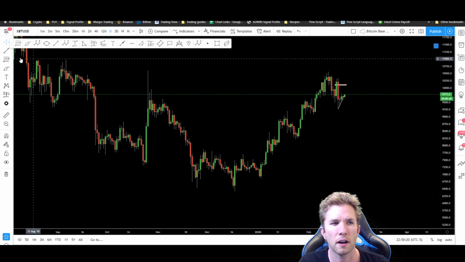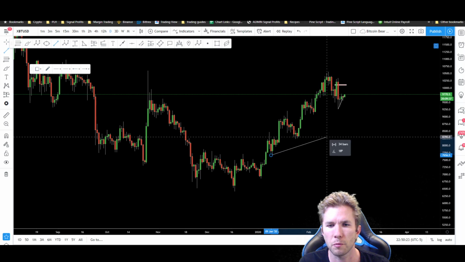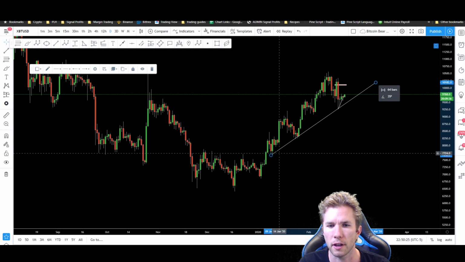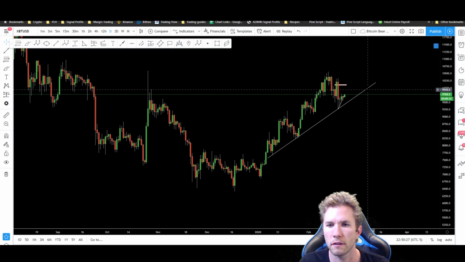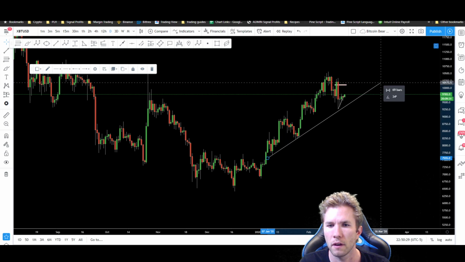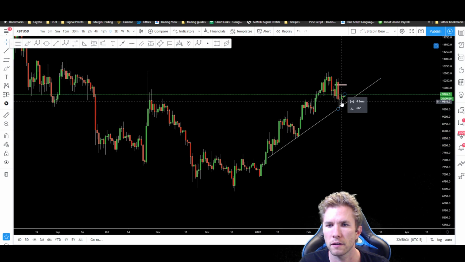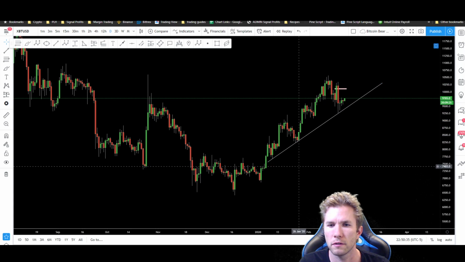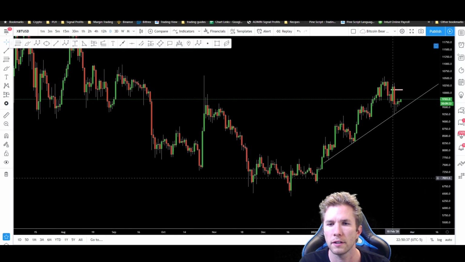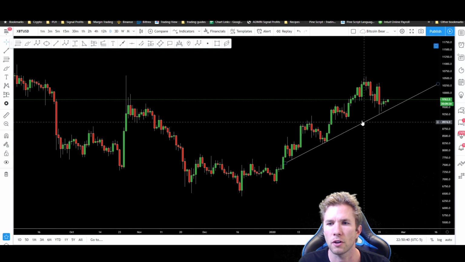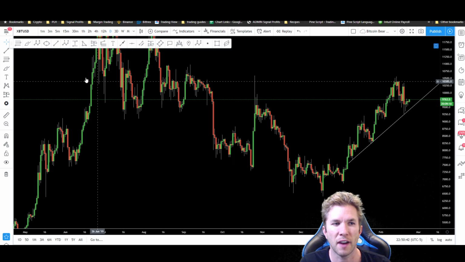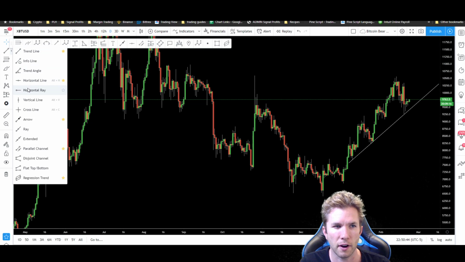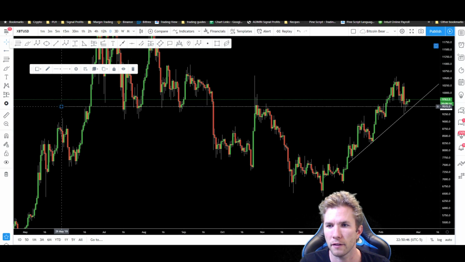Okay, so we found support directly on our trend line, to the money. Tagged it, beautiful, right? So boom, boom, boom, tagged it right on our trend line. So we also have a very, very key level at 9,500 right there.